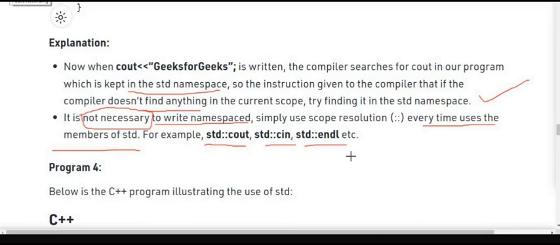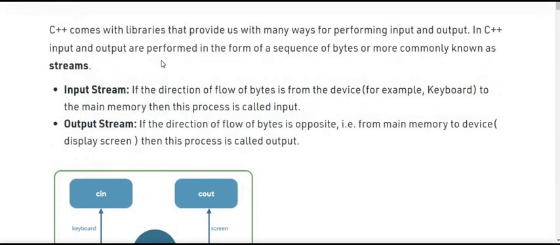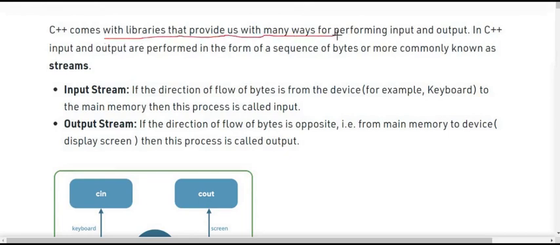Now let's take some basic look at cin and cout streams and input output operations in C++. C++ comes with libraries that provide us with many ways of performing input and output. In C++, input and output are performed in the form of a sequence of bytes, more commonly known as streams.